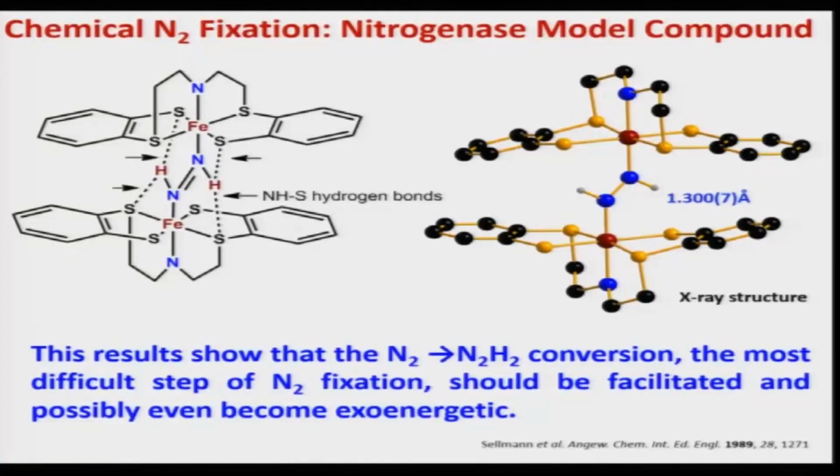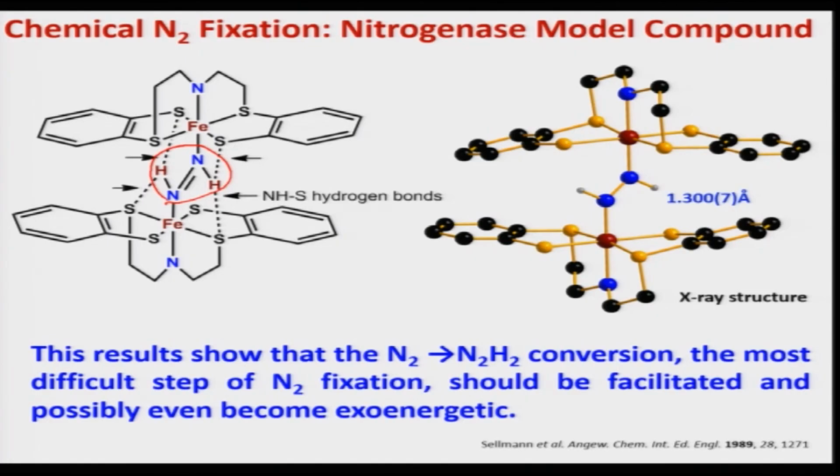As you can see, this N2H2 is trapped between 2 iron centers here, and this is a pentadentate ligand which is coordinated to iron, and then at the 6th position the iron nitrogen bond is there, which actually traps this very unstable N2H2 intermediate, and this intermediate is further stabilized by these NH sulfur hydrogen bonds.